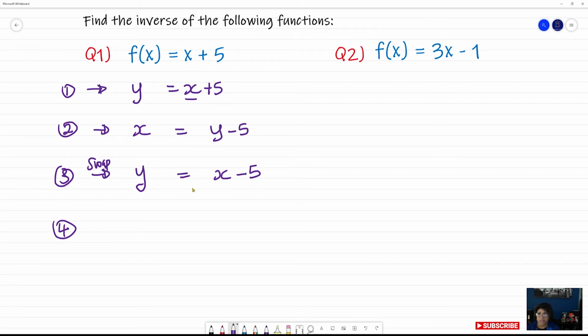So this now is the inverse of the function of x. And how do we write that? f negative 1 x equals x negative 5. And this is our inverse of this function here. And you can see we had an x, a 5 was added to it. So to go back, we need to do x negative 5.